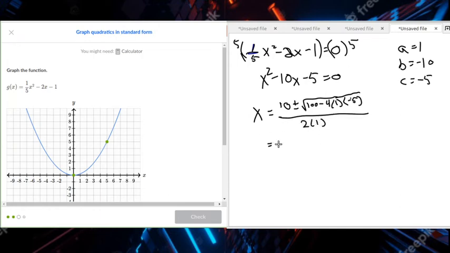That's going to give me 10 plus or minus the square root of 120, all over 2.